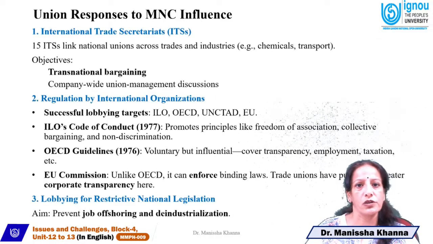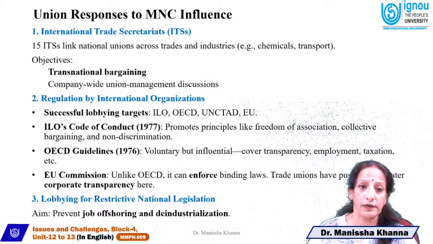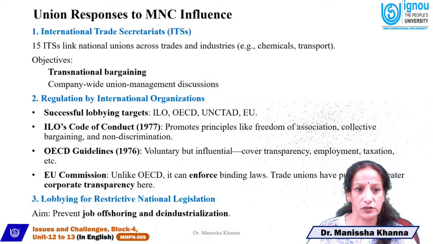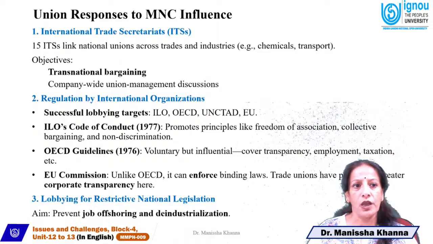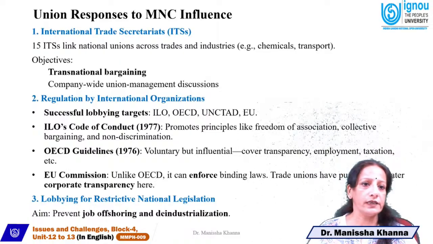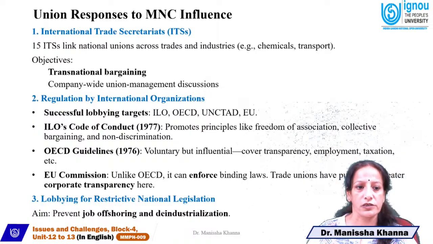Union responses to MNC influence: when it is the ITS, it is transnational bargaining. Their main objective is transnational bargaining with company-wide union-management decisions, and there are 15 ITSs linking national unions across trades and industries.